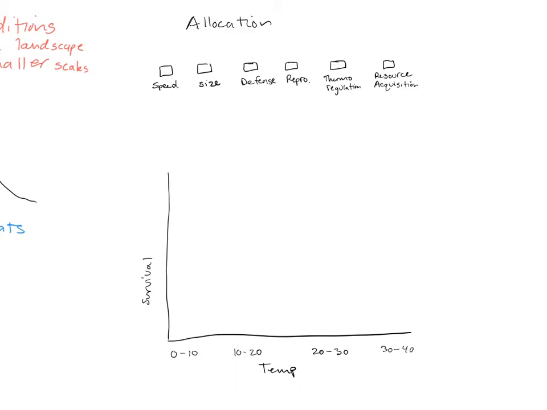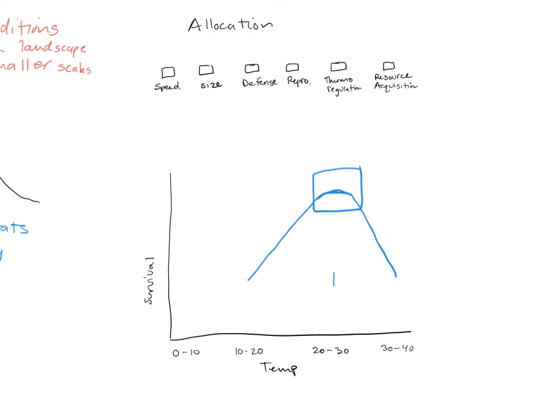And so the way that plays out is if ideally this population does really well in temperatures between 20 and 30 degrees, because all its resources are allocated to survival in this range, you go away from there, and you can't allocate resources in other temperatures as well. Each range is creating specific optimization for that organism. And so that's the basics of allocation.